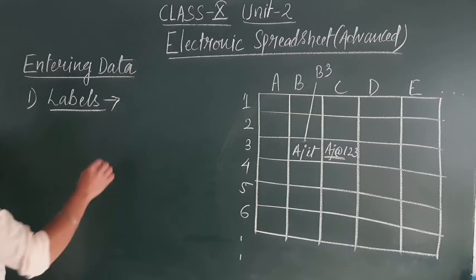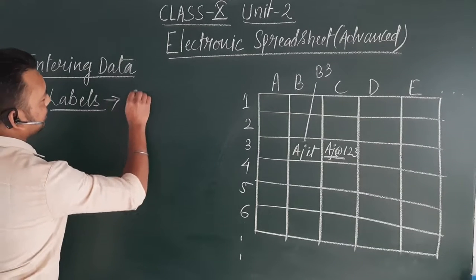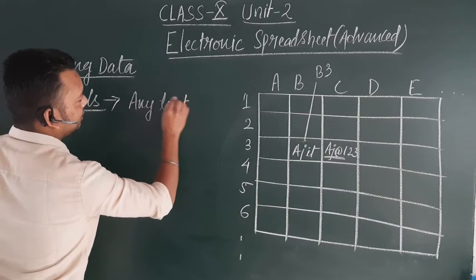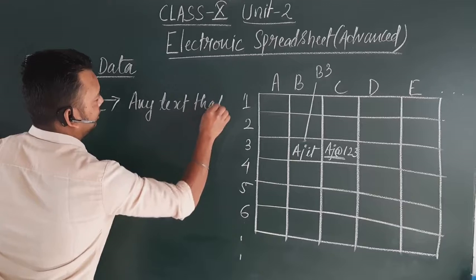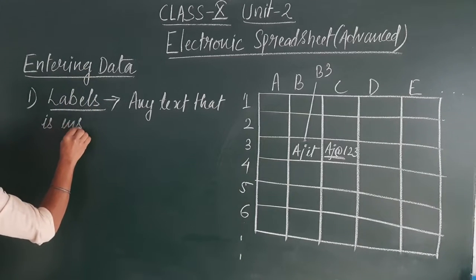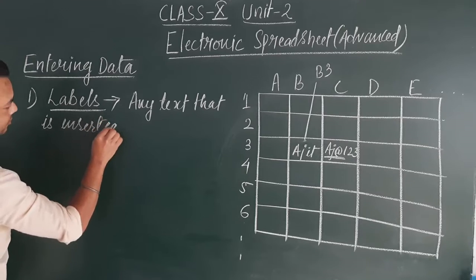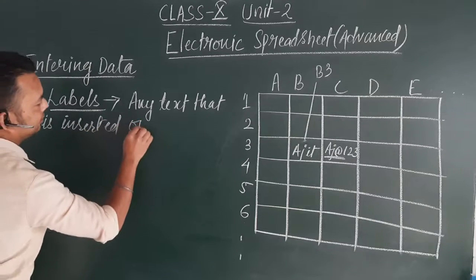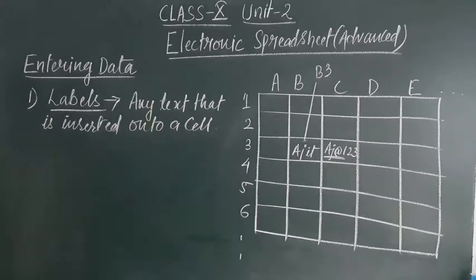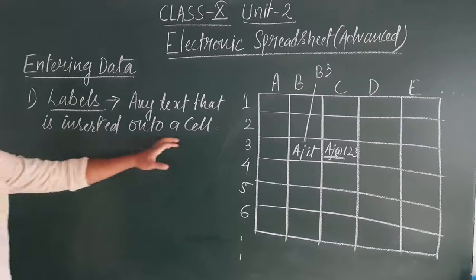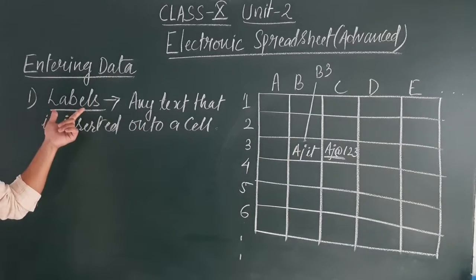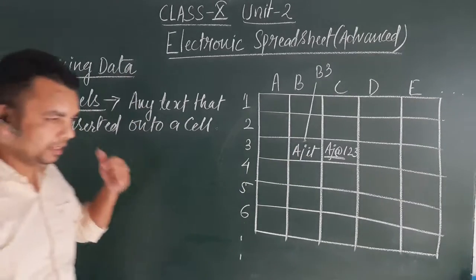So in general, a label is any text that is inserted into a cell. Whenever we enter any text inside any of the cells, that text will also be considered by another name, that is label.